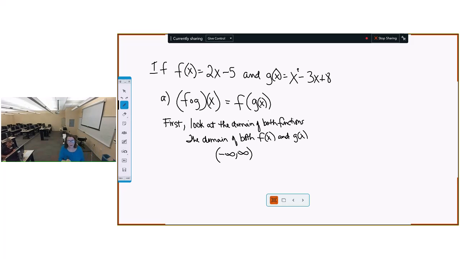That's all real numbers. The ranges of both, since g of x is not going to give us anything weird when it comes out and goes through the function f of x, are also all real numbers.